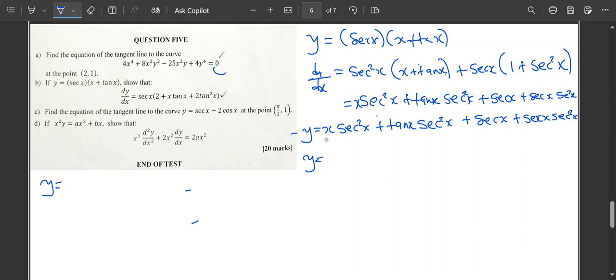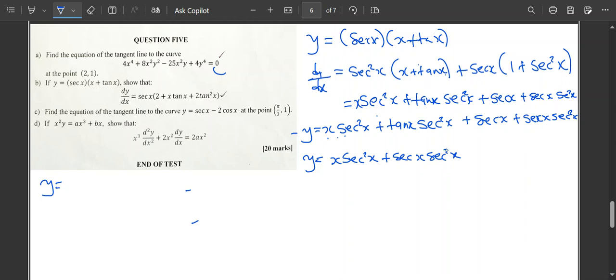What I'm going to do here is factorize sec there, so I'll remain with the x. So I'm going to factorize this x there. So I have x sec x squared, then I'm bringing the same plus sec x sec x squared there.